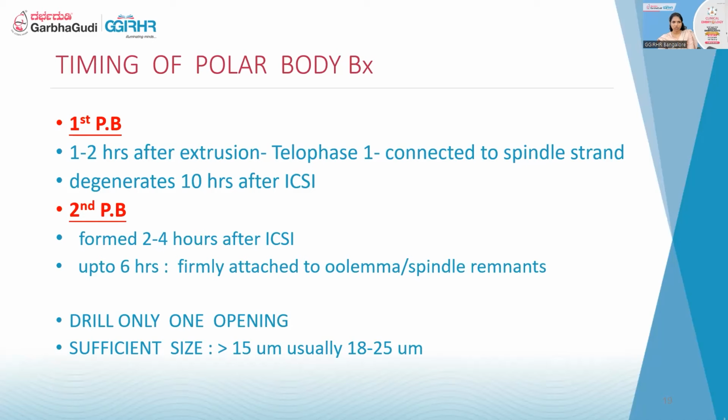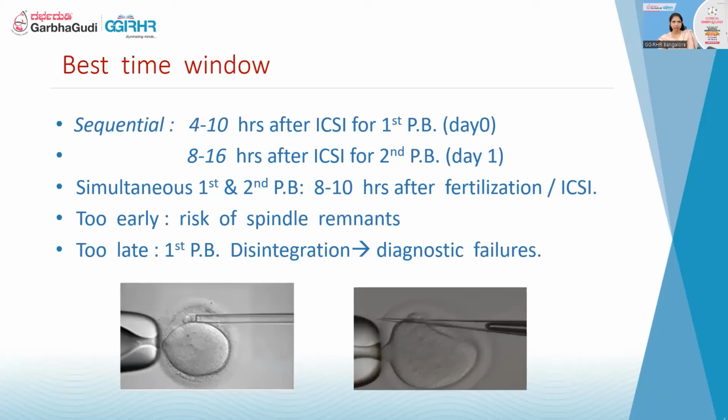We only open sufficient space in the zona pellucida, greater than 15 micrometers, usually 18 to 25 micrometers, sufficient for the needle to enter. The best time window for polar body biopsy, if we are going sequential, is 4 to 10 hours after HCG for the first polar body on day 0, or 8 to 16 hours after HCG for the second polar body on day 1.